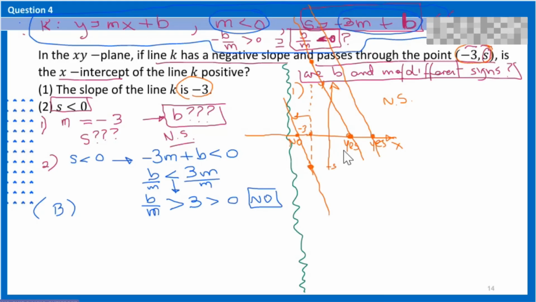So we've visualized what the first statement means, geometrically speaking. What about the second? Can we truly visualize the second statement? Well, the second statement simply says S is less than 0, meaning that the point where this line K crosses is a point located in the third quadrant. Now let's try and visualize the third quadrant like this. Here's the y-axis, the x-axis, the origin.